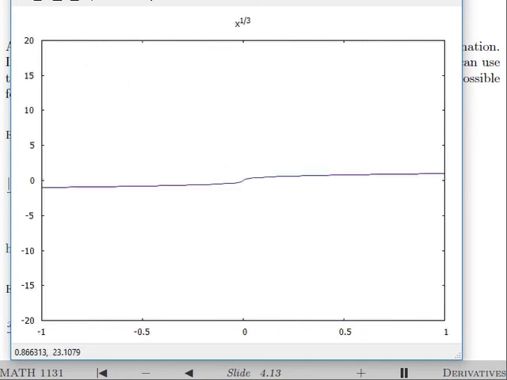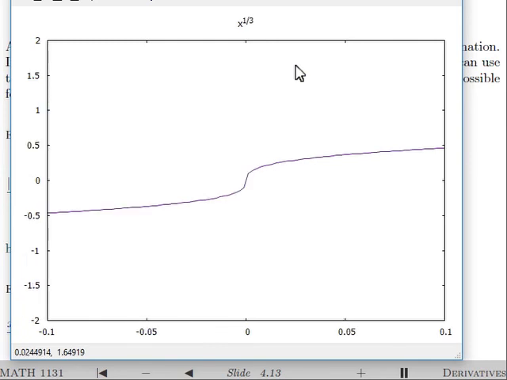The next example was the cube root of x. I have a somewhat strange window here. That's because of what's going to come next. You can see that there is a slight curve in the middle. It doesn't increase very fast, so that's why it looks almost flat, but the bend in the middle is still visible. If I zoom in by a factor of 10, then the curve is more visible.